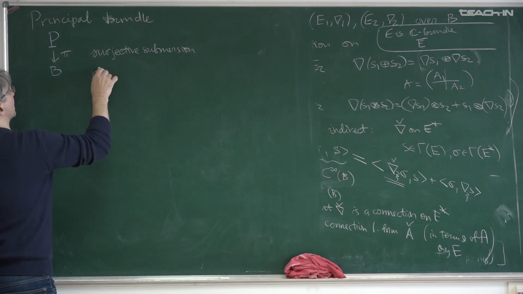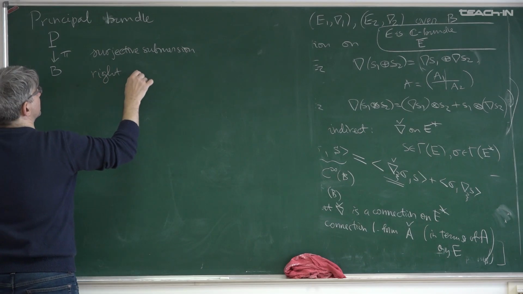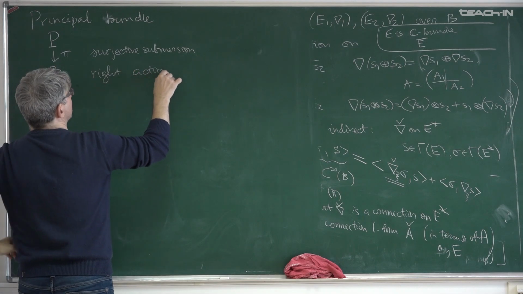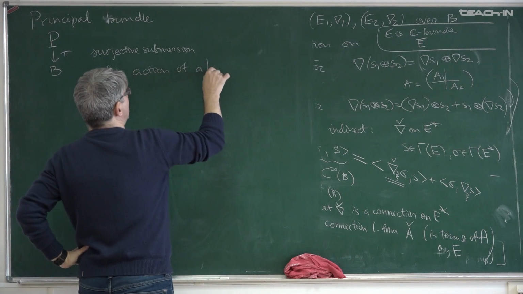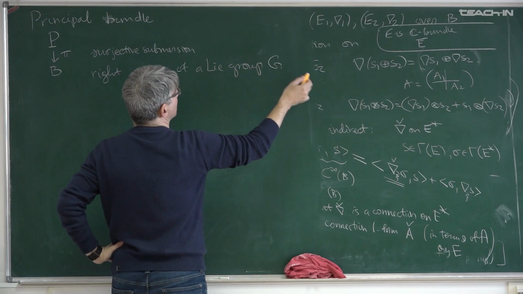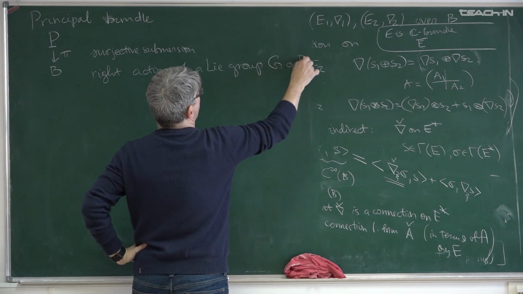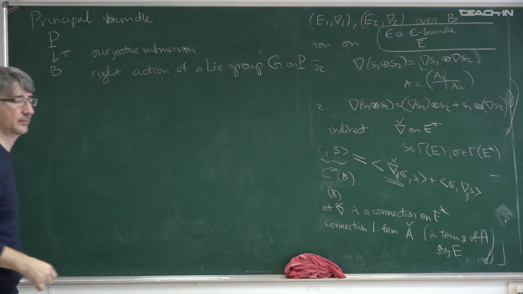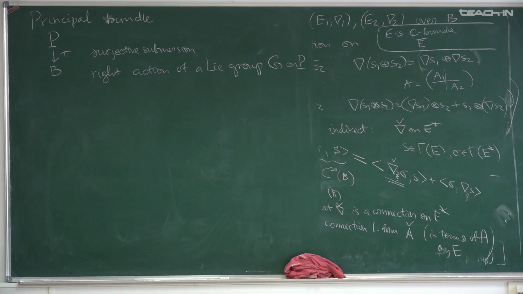We have a right action of a Lie group G on the total space.